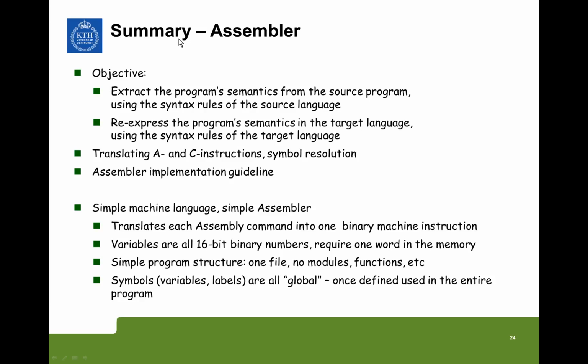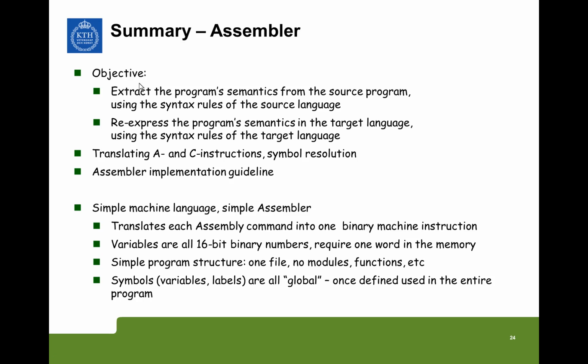Let us summarize the objectives of the assembler and in general any translator or compiler. Okay, the objective is to translate the program from one programming language to another programming language.